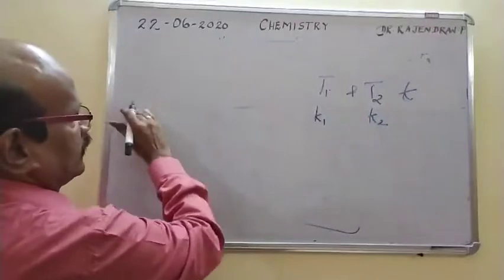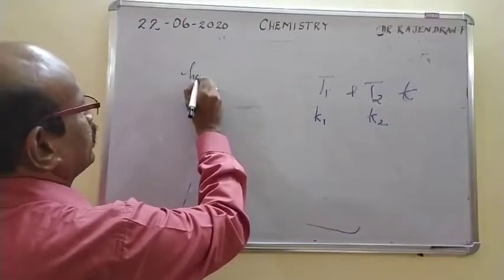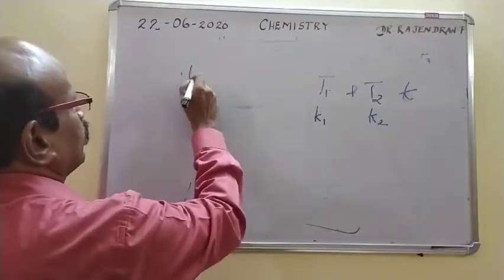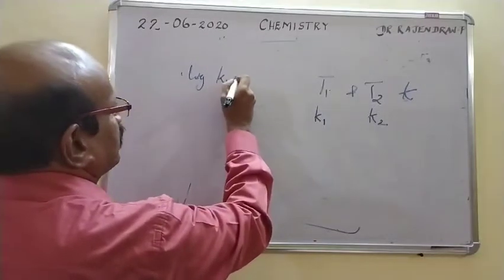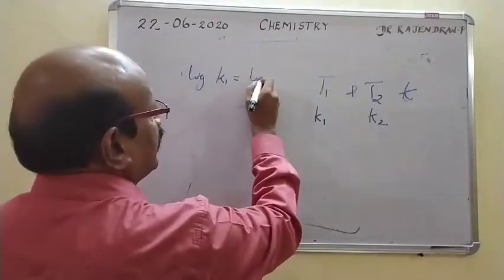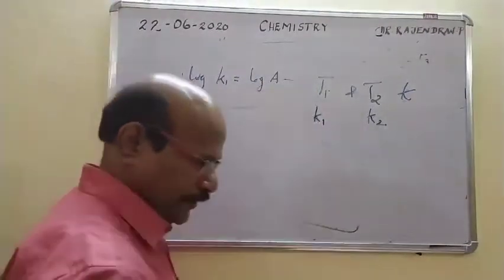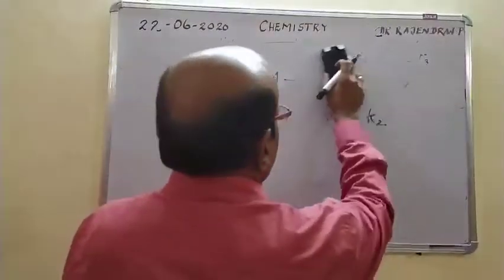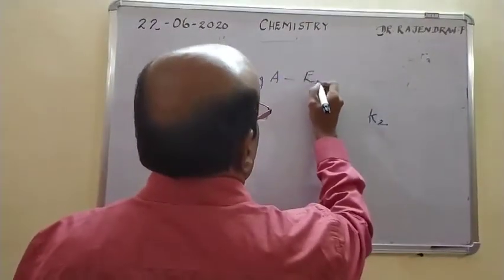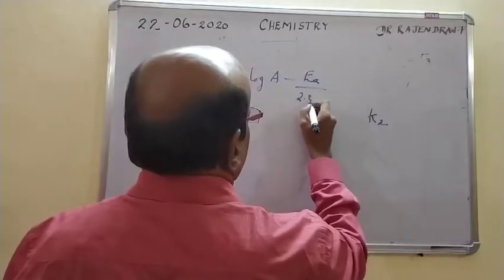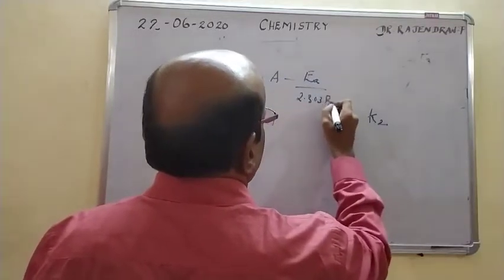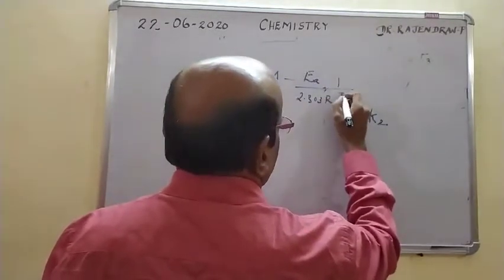According to the equation, log K1 is equal to log A minus EA by 2.303 R into 1 by T1.